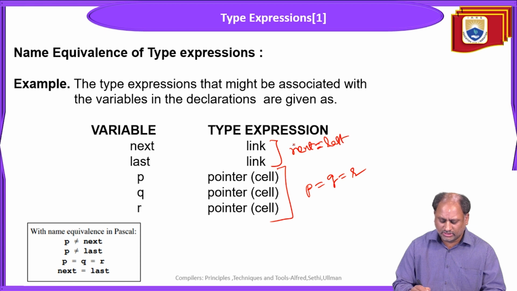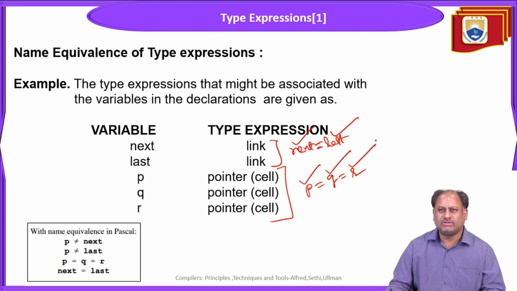So the next variable has the same type expression as last. Whereas the type expression which belongs to the variable P is the same as the type expression of the variable Q and of the variable R. The type expression for P with next and last are all not equal.